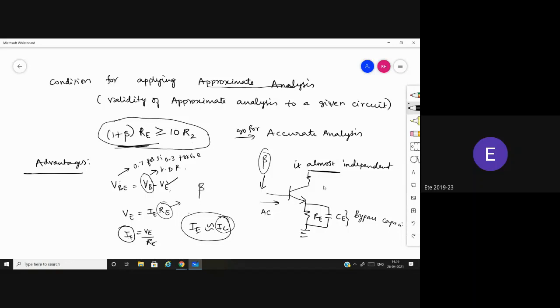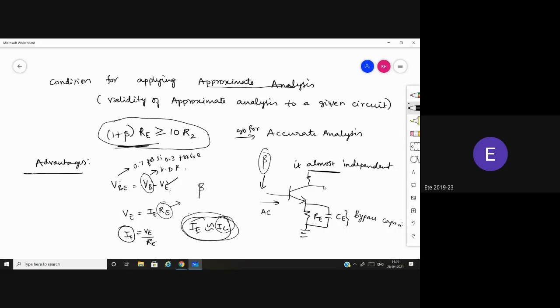Amplification takes place at the AC level, but whenever we fix up the Q point, we need to consider only DC. Here also we have taken IE equal to IC. For that purpose, we are using CE. You cannot use CE alone; you have to use RE also to fix a Q point.